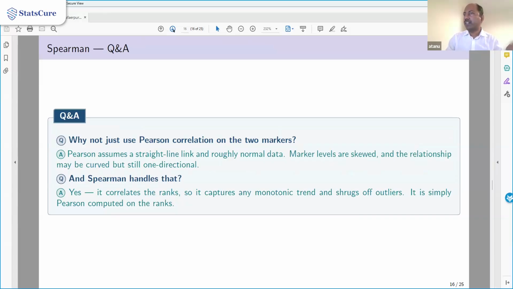Because Pearson assumes a straight-line link and roughly normal data, but when dealing with small clinical data sets, many times we get non-normal data, and then it becomes useful to go with Spearman rank correlation. Marker levels are skewed, and the relationship may be curved but still monotonic. Spearman handles that, as it correlates the ranks, so it captures any monotonic trend. It is simply Pearson computed on the ranks.